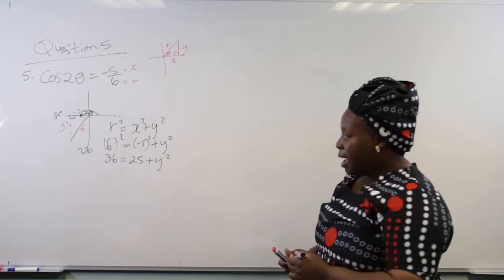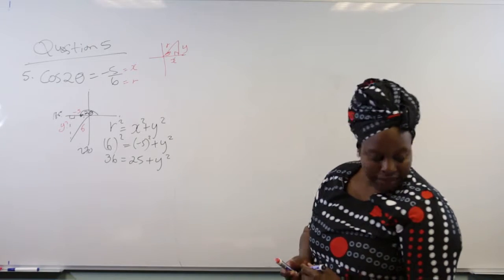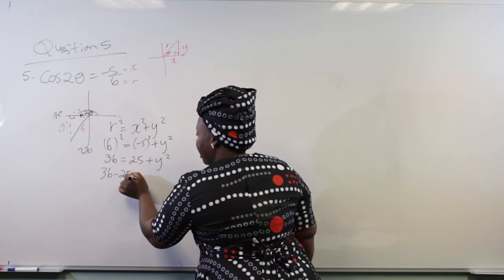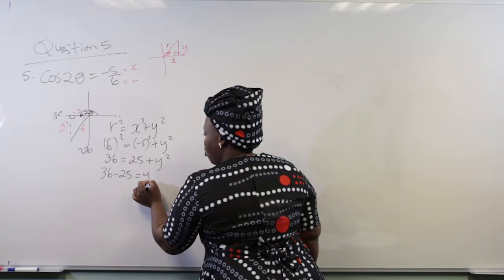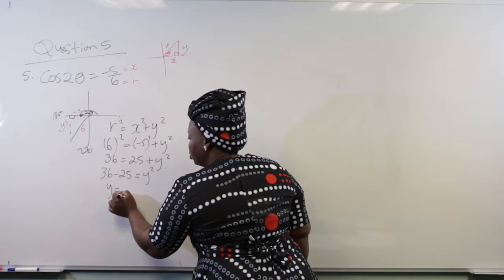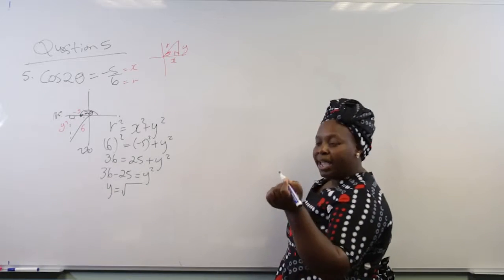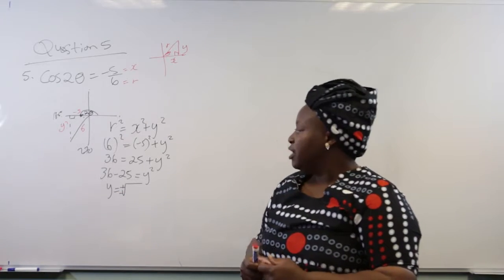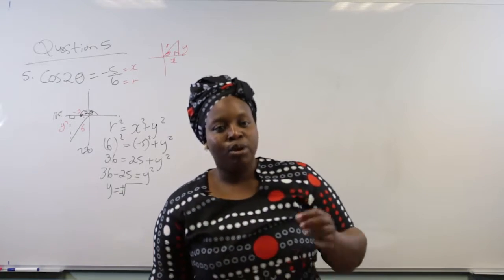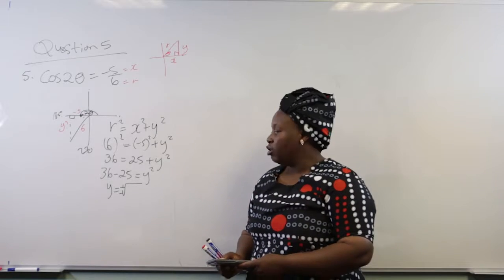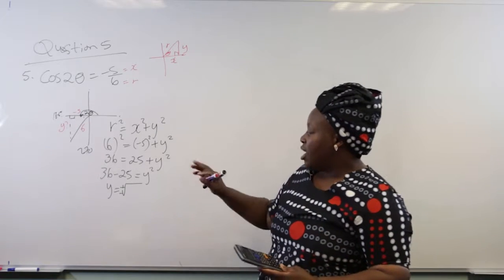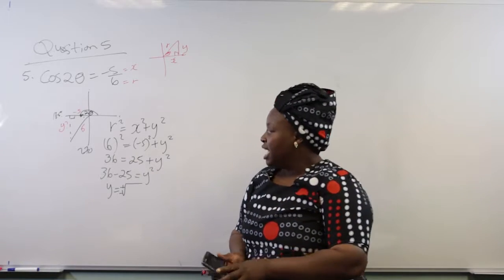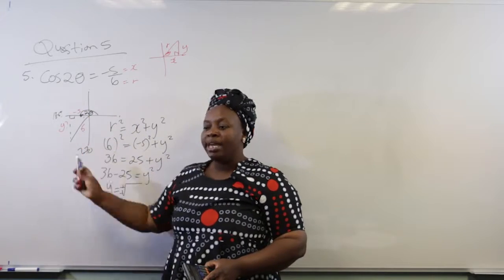So 36 minus 25 will give us how much? 36 minus 25 equals y squared. Y will be equal to the square root of that, and remember it's y, so it should be plus or minus. The only thing that is always positive is r, because r is a radius. Radius cannot be negative, while y and x can be negative depending on the side where you find them. In the 3rd quadrant, both x and y must be negative.